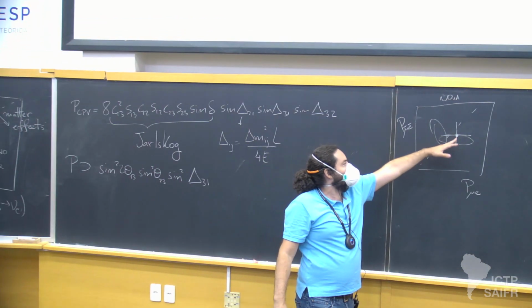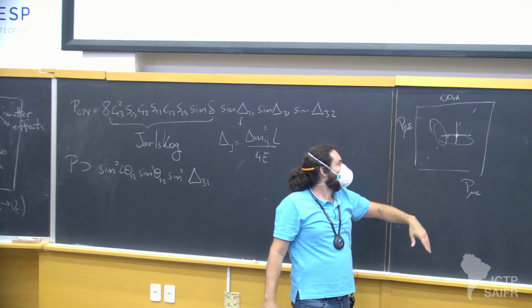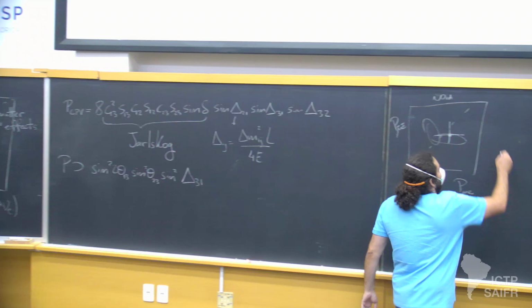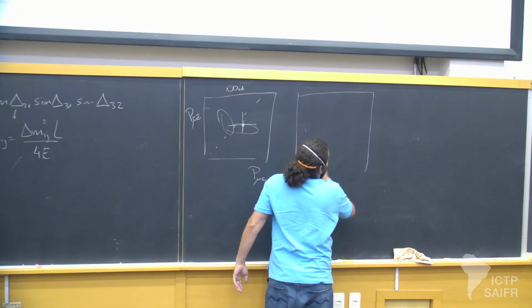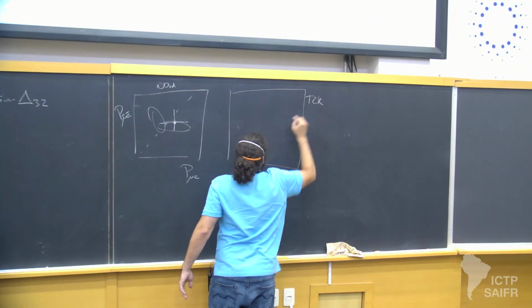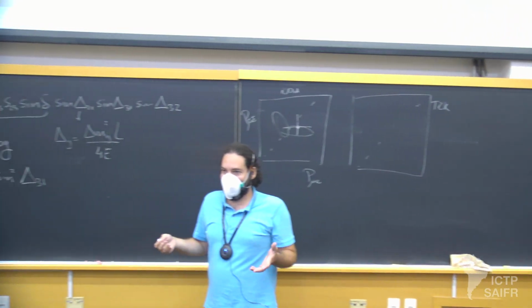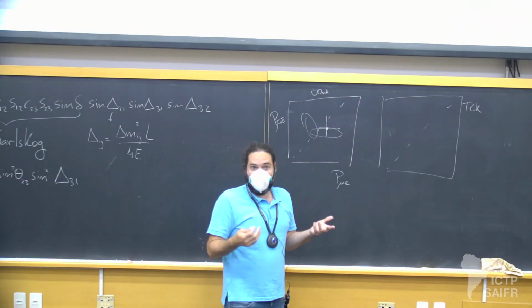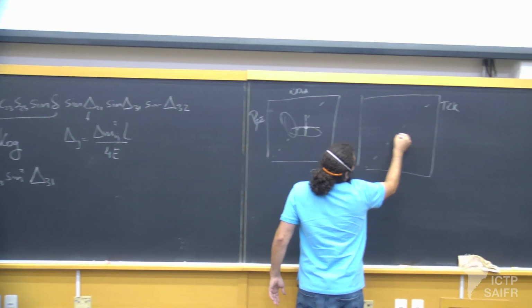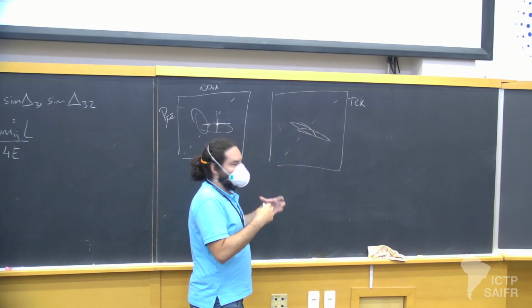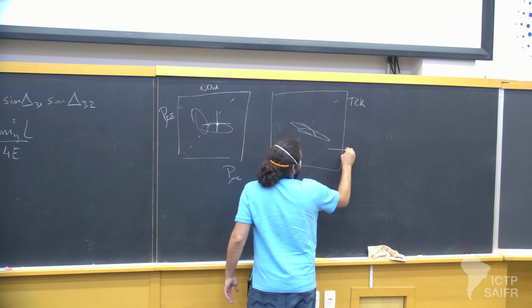Consistent with essentially any value of delta CP, consistent with both normal and inverted ordering. For T2K, because T2K has a shorter baseline and lower energy, they have less matter effects. So their ellipses are more like this, kind of on top of each other a little bit more. And what they see is something like this.